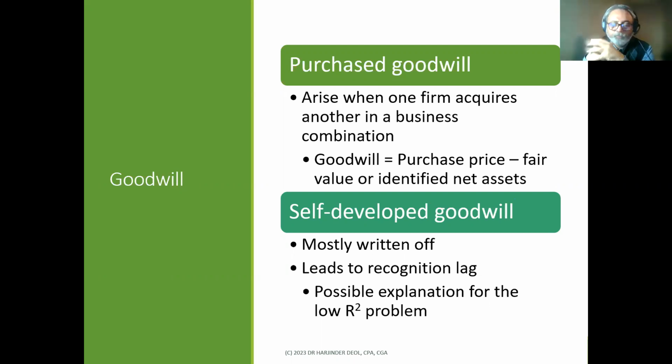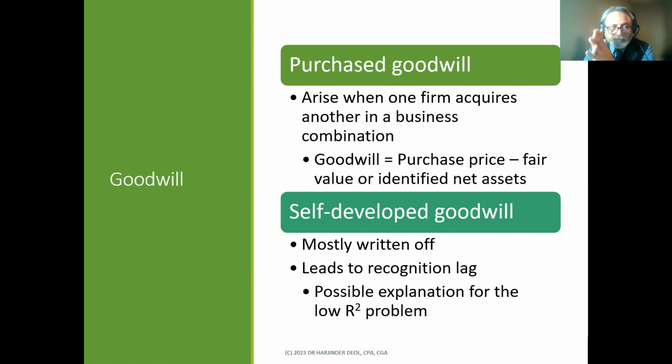There's got to be a reason why. And a lot of the time, people have come up with this good old-fashioned word that starts with the letter G, goodwill, right? There's goodwill, there's goodwill. However, accounting standard setters are very clear that self-developed goodwill cannot be reported, period.